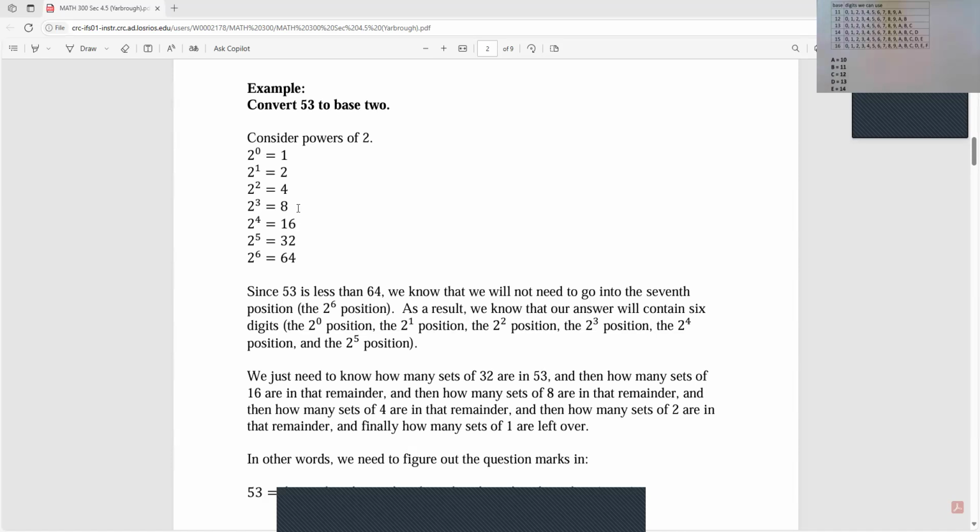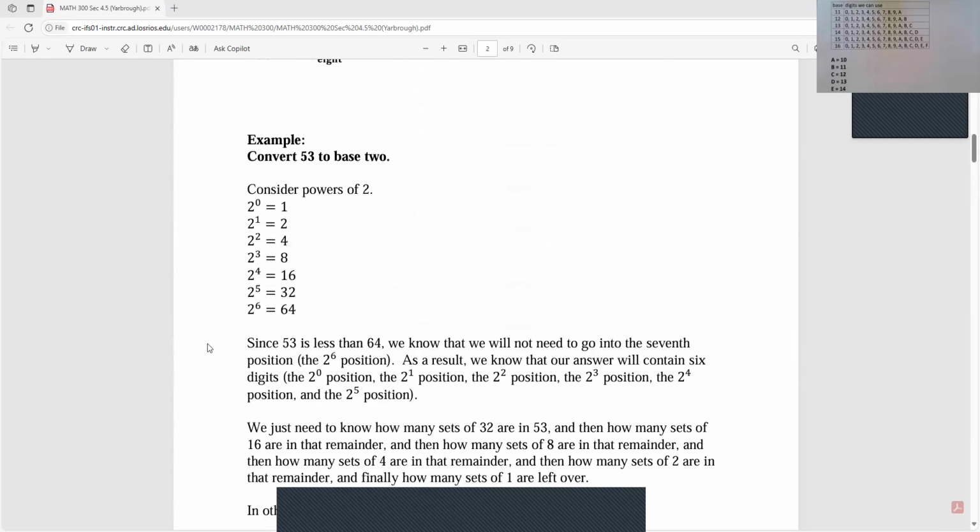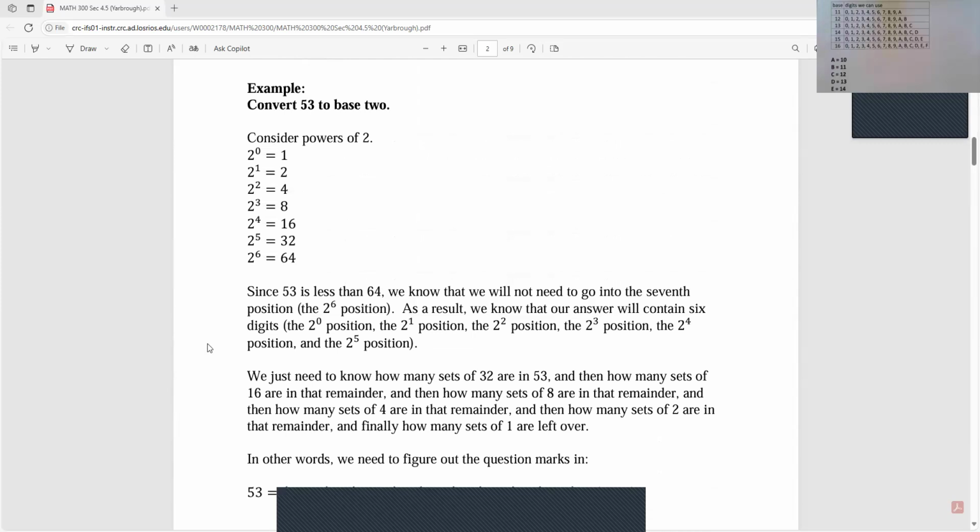And then whatever the remainder is there, I'm going to divide by the next thing down. You can pause this and read it a little closer if you would like. Most of you probably have access to this handout anyways, but if you want to pause this page and read it a little bit, you're welcome to.